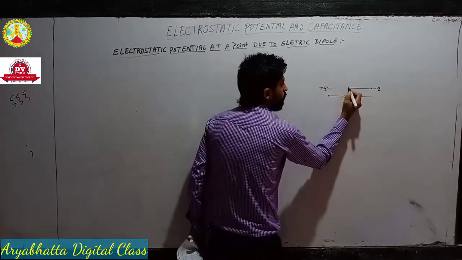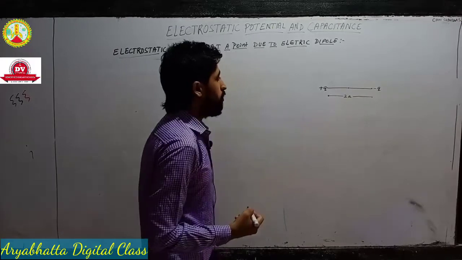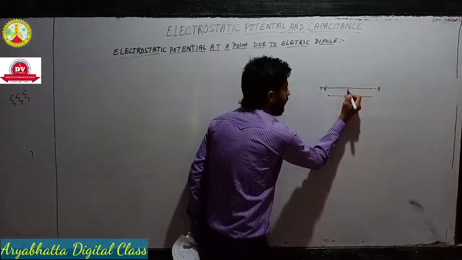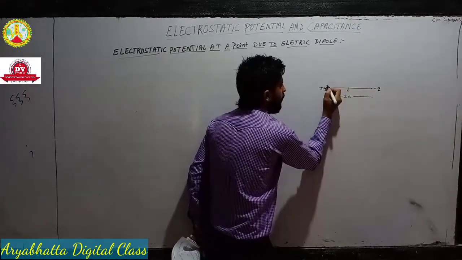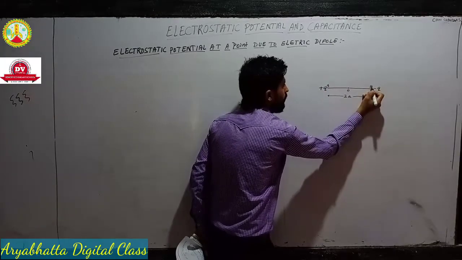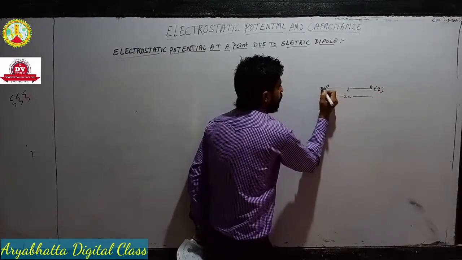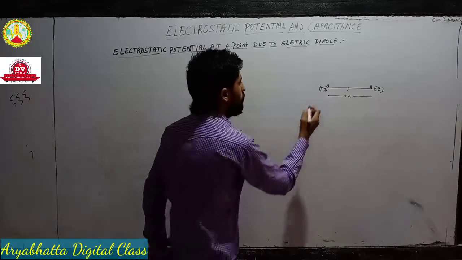Let's take the center of this dipole as O, and I consider these two points as A and B. It will be easy for us to remember. These are the charges which are placed at point A and point B.